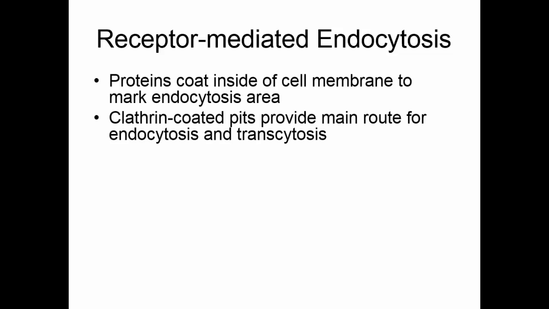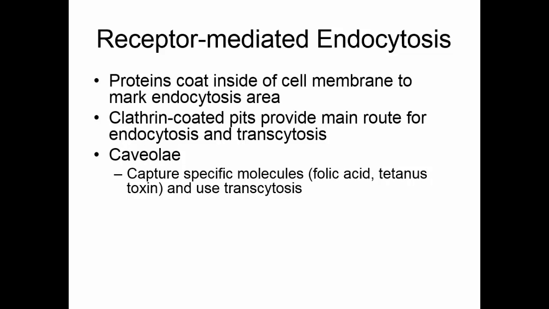Clathrin-coated pits are the most common. These clathrin-coated pits provide a route for endocytosis and transcytosis. Caveolae are another kind of protein. These can be used to capture specific molecules, things like folic acid, unfortunately the tetanus toxin too, and this uses transcytosis as well.